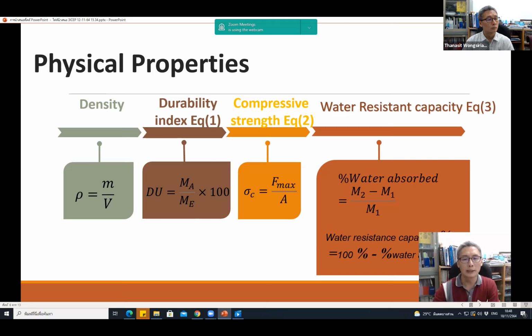A durability test was done according to the standard by using a tumbler at a speed of 21 RPM for 5 minutes. Two kilograms of briquette were placed in each test, with 3 replications. The briquette left on the sieve was calculated for durability from equation 1. Compressive strength was calculated following ASTM as equation 2.